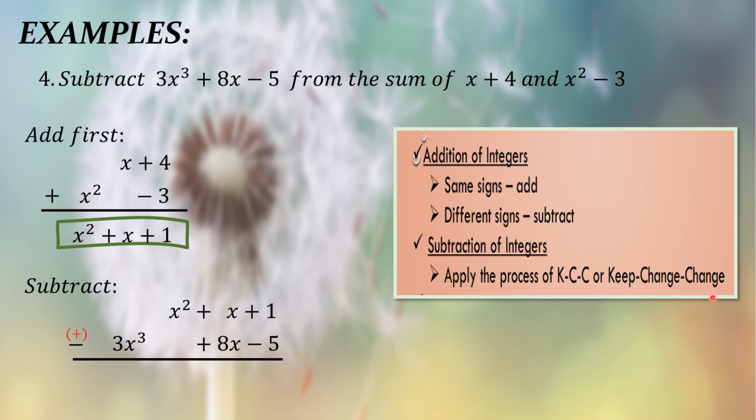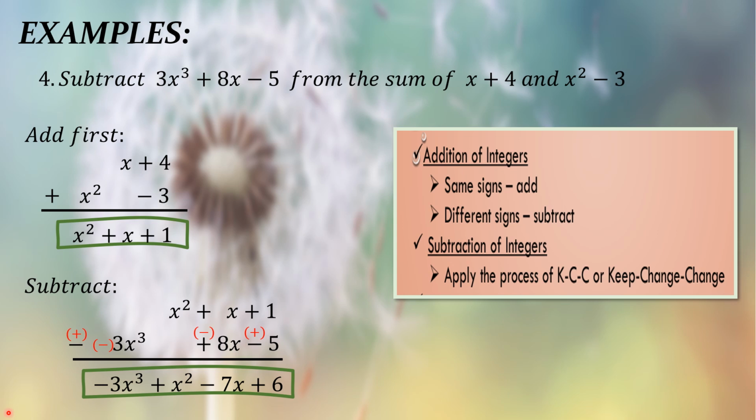And then, yung isa pang change ay papalitan natin lahat ng sign ng pangalawang polynomial. So, ang 3x cubed ay magiging negative 3x cubed. Ang positive 8x ay magiging negative at ang negative 5 ay magiging positive 5. And then, proceed na tayo sa process ng addition of integers. So, the final answer is negative 3x cubed plus x squared minus 7x plus 6.